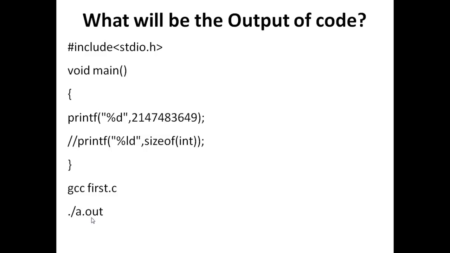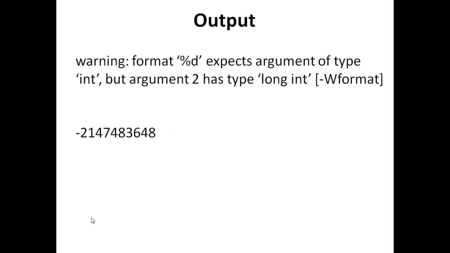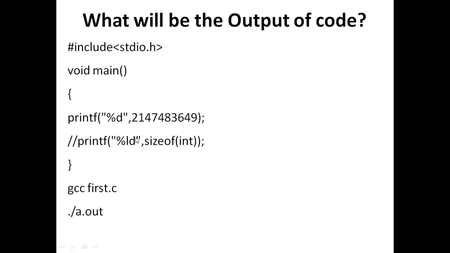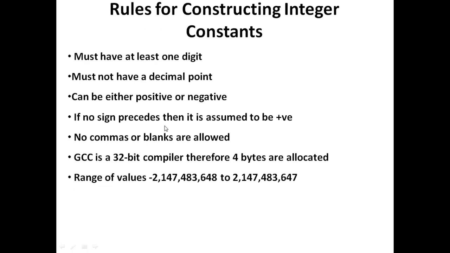If you see the output, you get a warning. It says format %d expects argument of type int, but argument 2 has type long int. So this particular warning is being shown. Why? Because this particular number is not within this particular range. It exceeds this range.